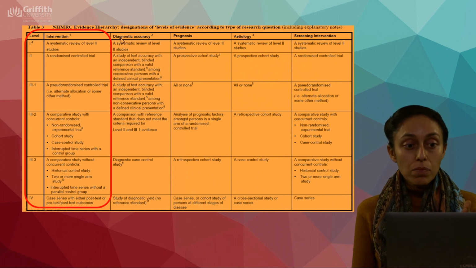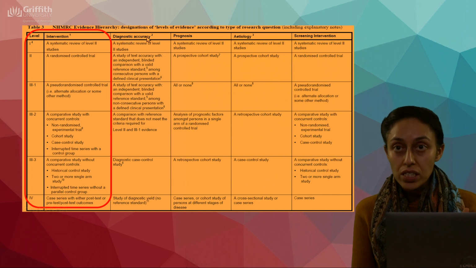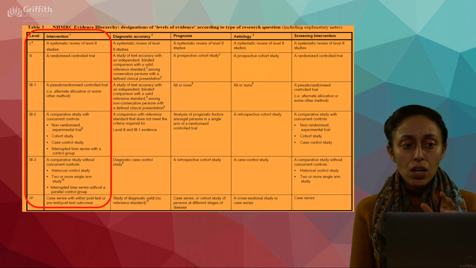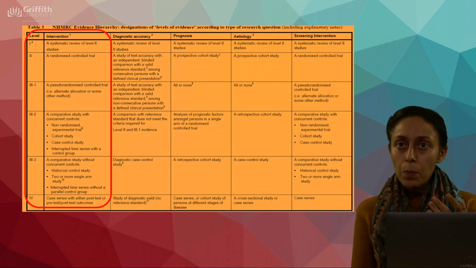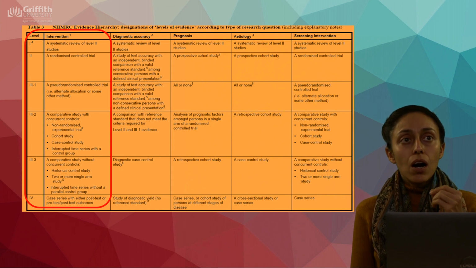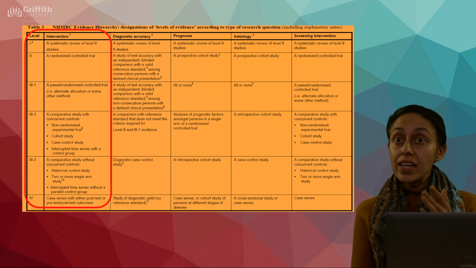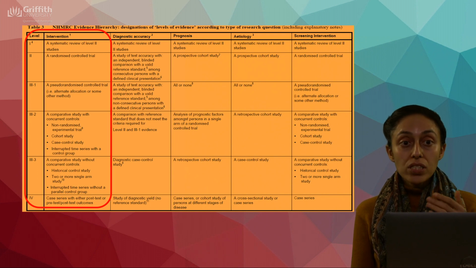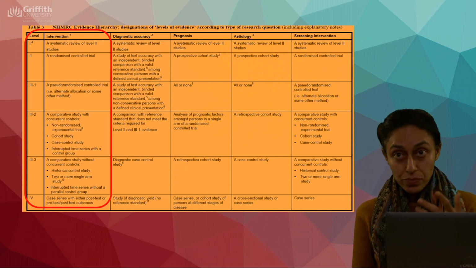The second column says diagnostic accuracy, meaning studies which are related to diagnostic accuracy. So what would be a good example of this? For example, we all know from your MNT1 that HbA1c is a gold standard for the diagnosis of, say, diabetes.